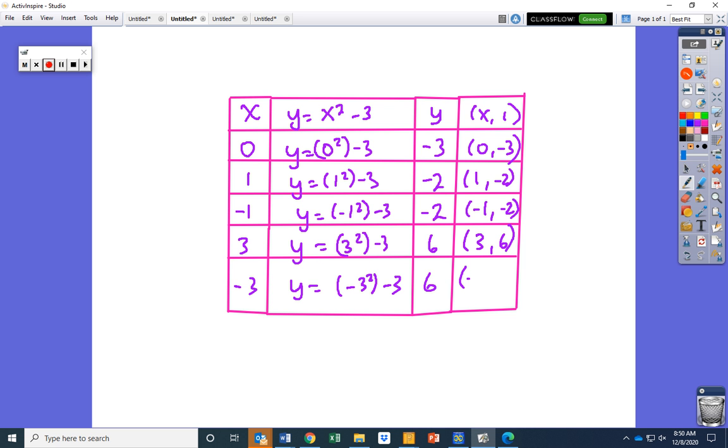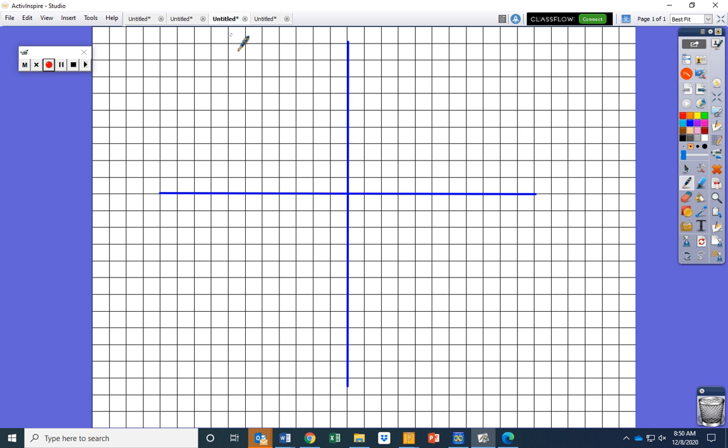Good. Okay, so let's graph this. We start with our 0, negative 3. So over 0, down 3. That's where we're going to start our parabola. Okay, what's the next point? Over 1, down 2. And then back 1, down 2.